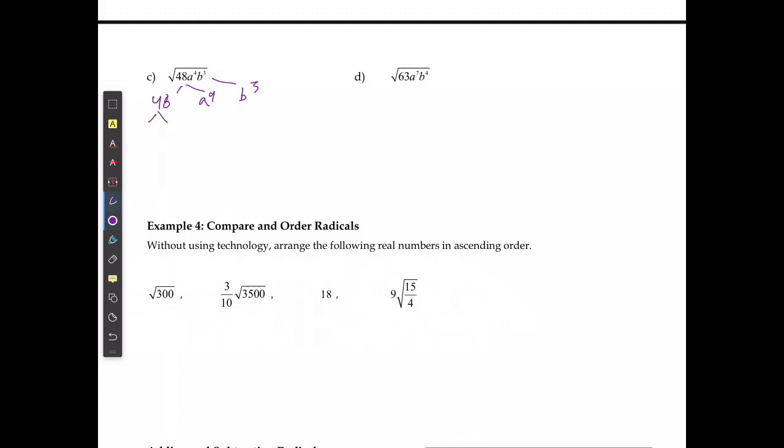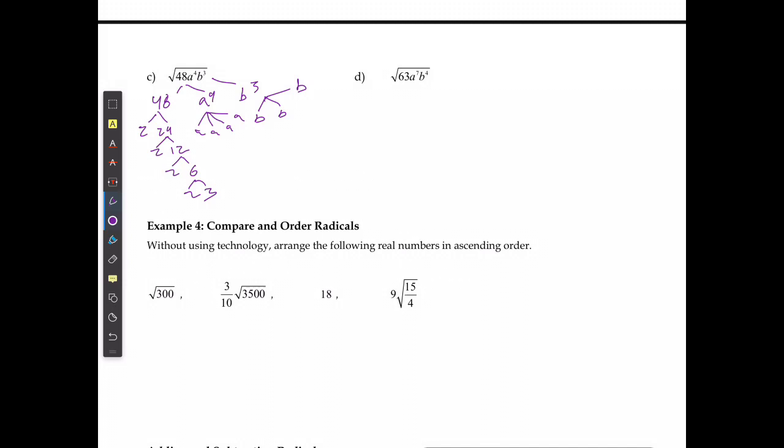The 48 is going to be 2 and 24, 2 and 12, 2 and 6, and 2 and 3. The a to the 4 is going to just split up into 4 a's, and the b to the 3 is going to split up into 3 b's.